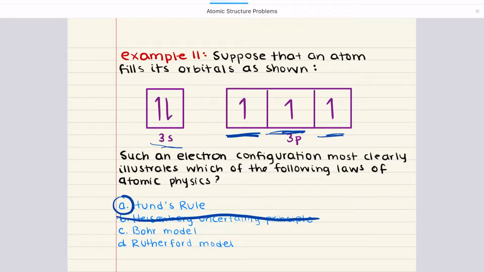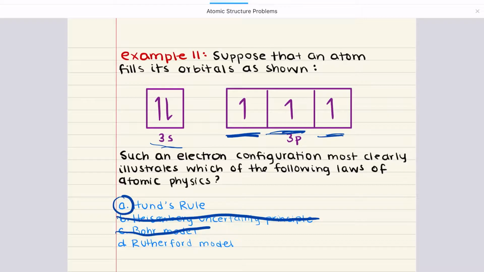C says the Bohr model. The Bohr model describes electrons in fixed orbits around the nucleus with quantized energy levels. While important historically, it does not explain the detailed arrangement of electrons within subshells s, p, d, f, and so on. So C is also not the correct answer.